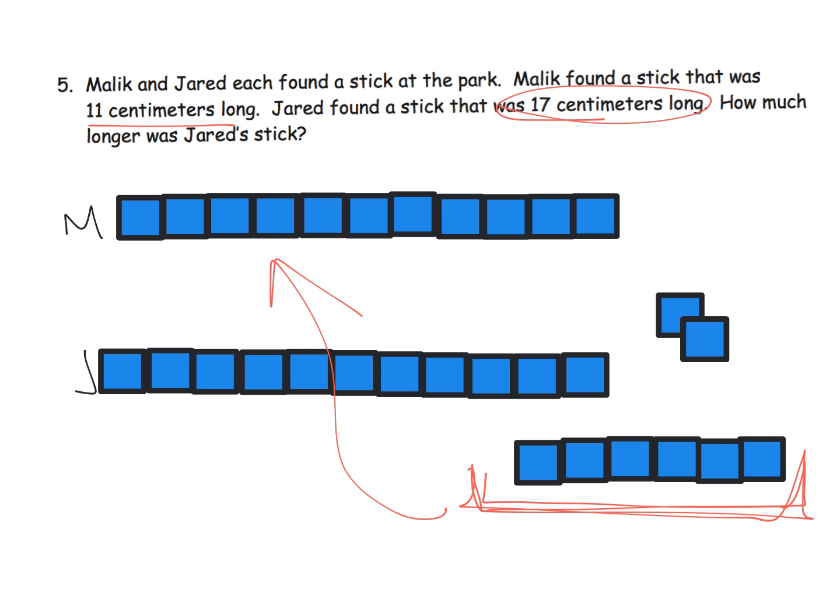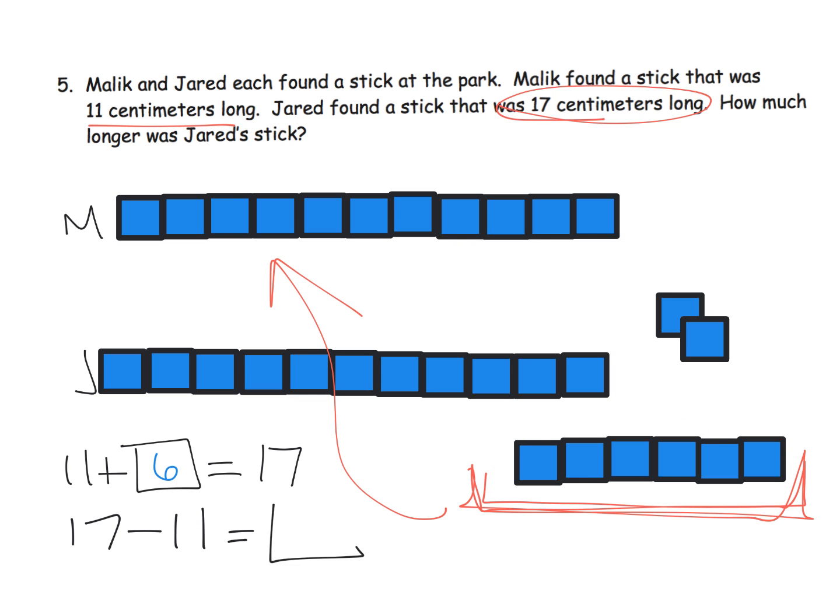But some other ways that students might have done it, well, they might have said 11 plus what gives us 17, and of course we see our answer is 6 because we can also verify it over here. Or some students might have said, hey, 17 minus 11 is 6. There's a variety of ways that students could have done it. We've got 3 right here. The count-on method, the addition with the change unknown, or subtraction question.